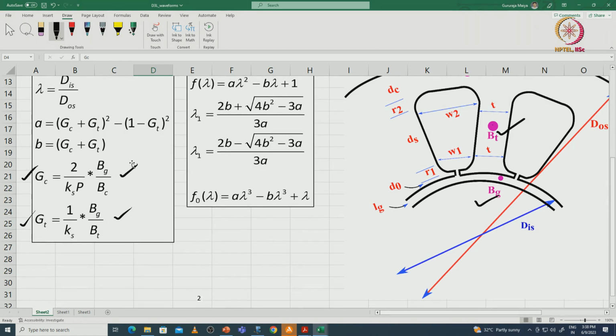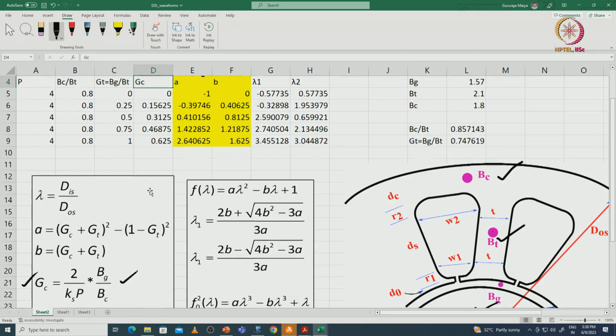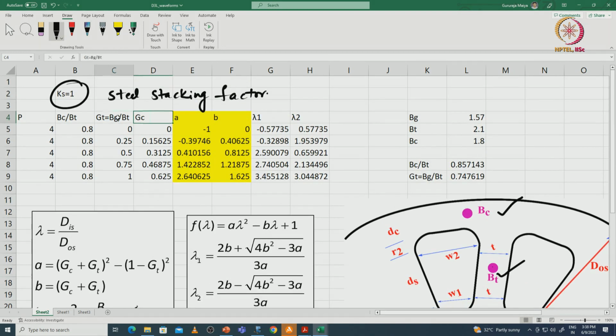This is the Gc equation and then this is the Gt equation. Based upon that I am calculating what is the Gt value and what is the Gc value with respect to the different flux densities, where Bg, Bt, Bc are different values I am considering.